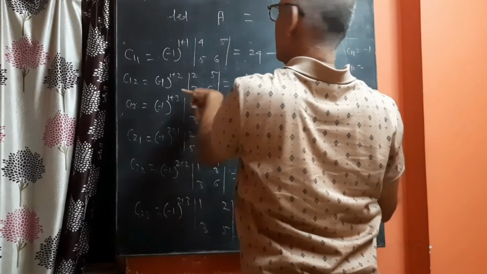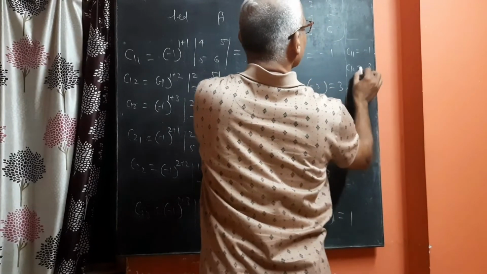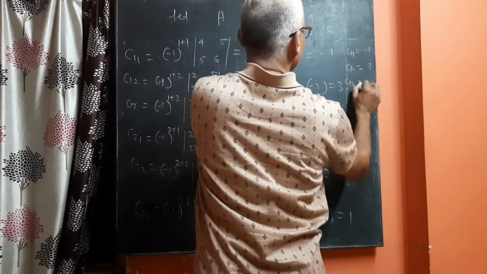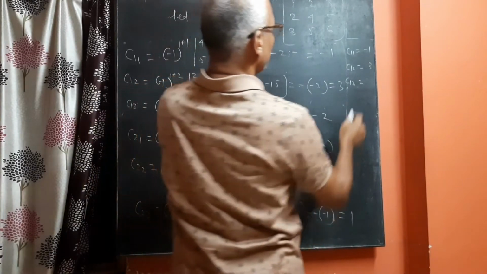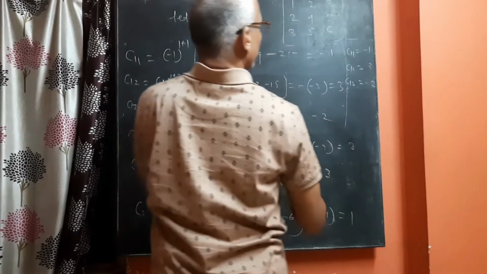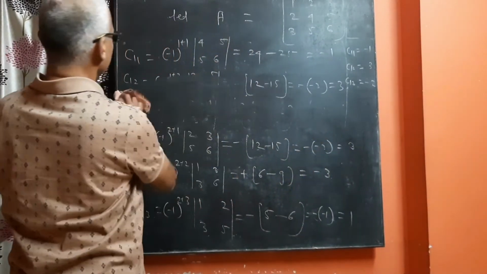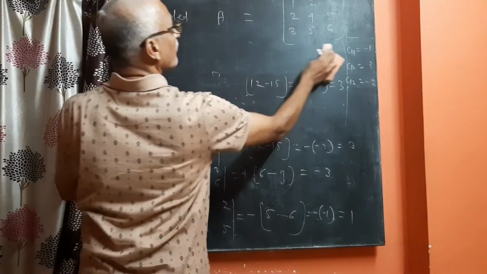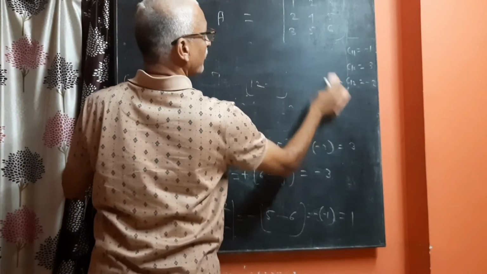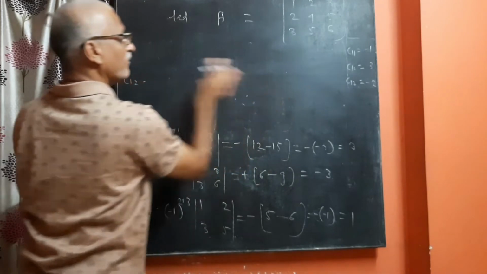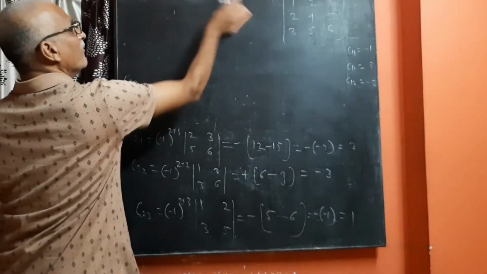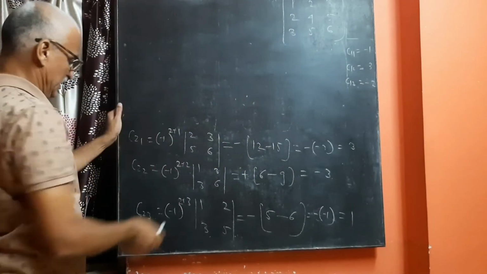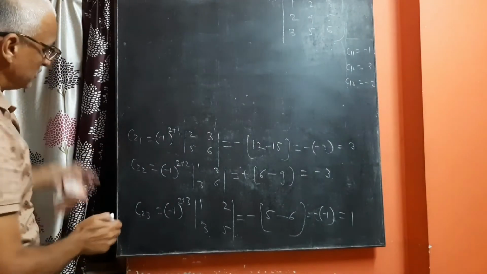C12 हम लोगों को मिला है 3. C13 that we have got minus 2. वन टू टू वन टू थ्री हो गया.